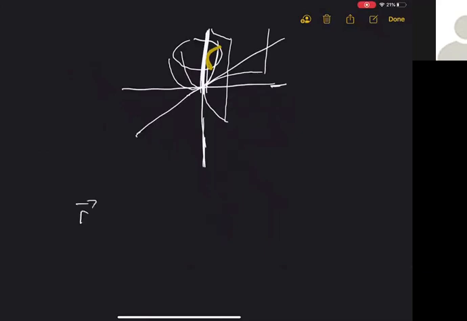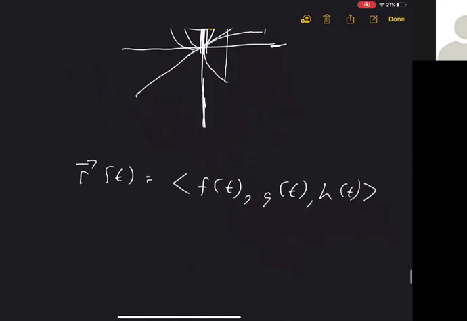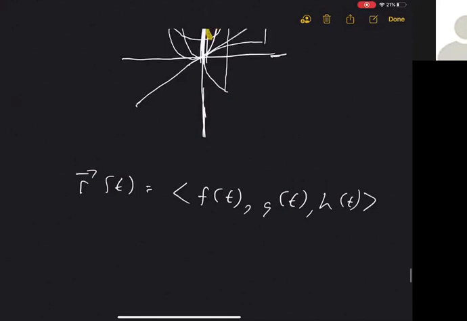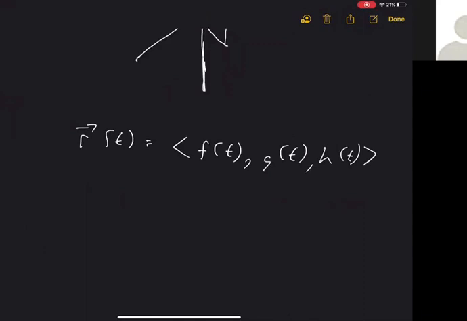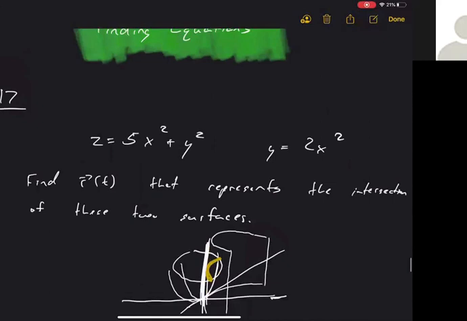I'm looking for some equations, f of t, g of t, h of t, so that I can plug t values into this thing and get x, y's, and z's. And if I take those and plug them into both of these equations, both equations should be true.